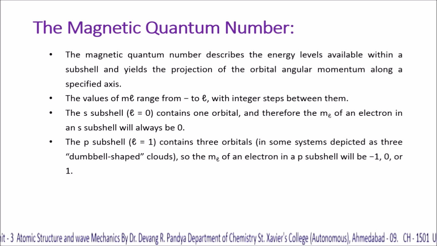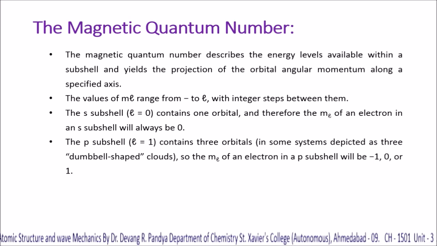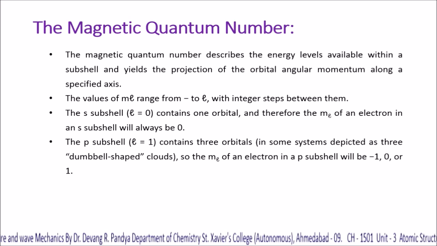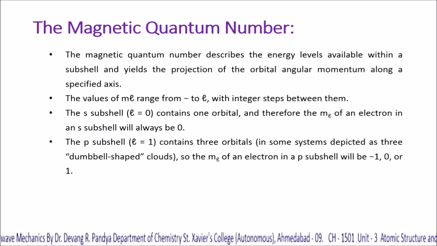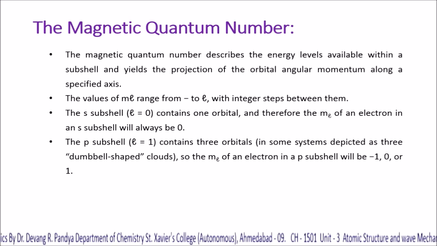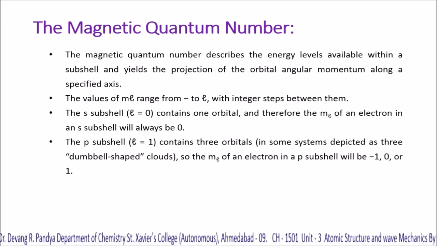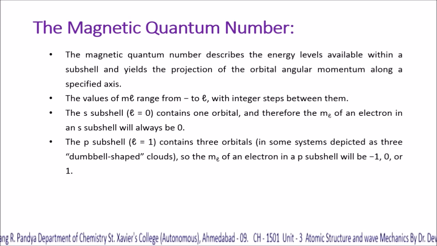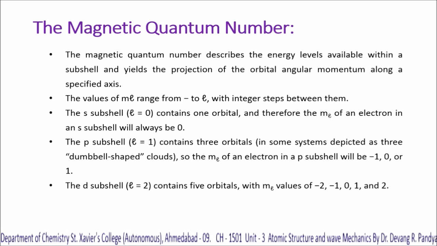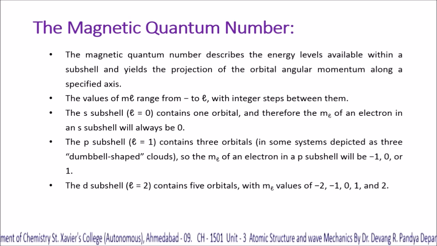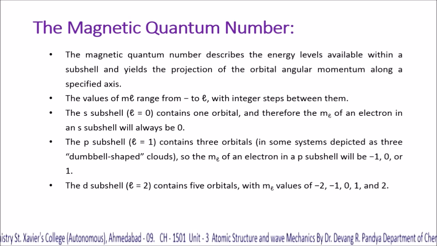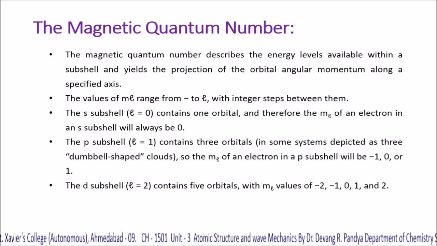The p subshell, where L is equal to 1, contains 3 orbitals, in some systems depicted as 3 dumbbell shaped clouds. So m subscript L of an electron in the p subshell will be minus 1, 0, or plus 1. The d subshell, where L is equal to 2, contains 5 orbitals with m subscript L values of minus 2, minus 1, 0, plus 1 and plus 2.